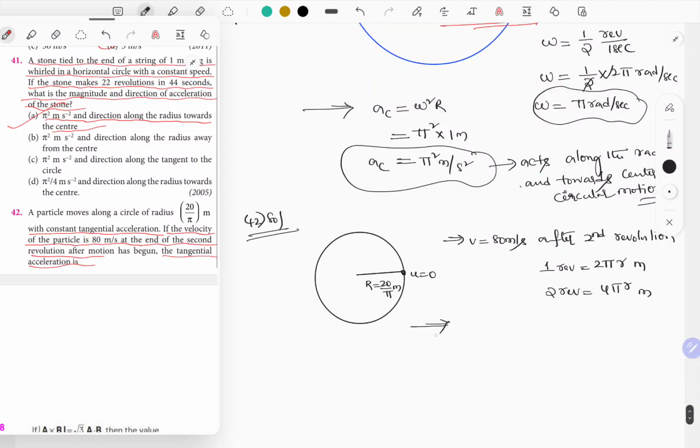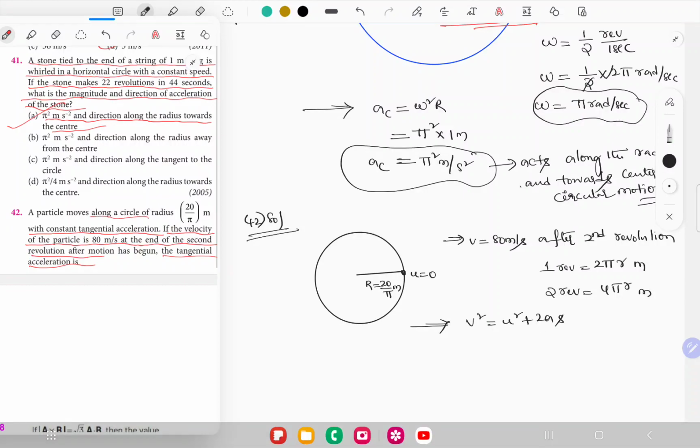So first of all, find out the displacement covered. The final velocity they have given. So v square is equal to u square plus 2as. Can we use this equation? Yes, we can use this equation because they said constant tangential acceleration. If acceleration is constant, we can use equations of motion.